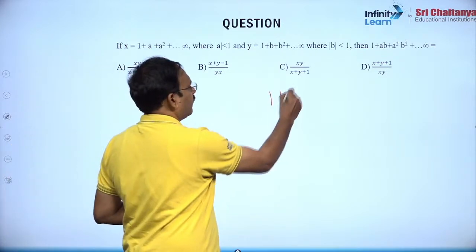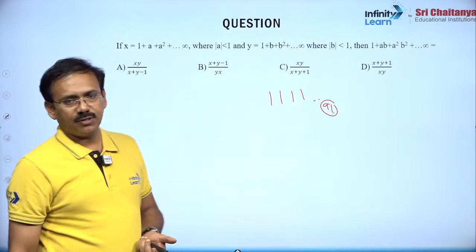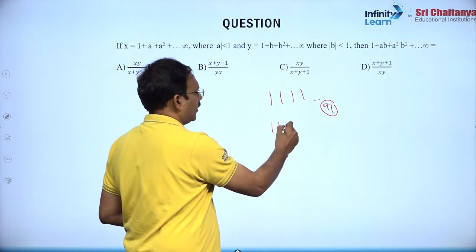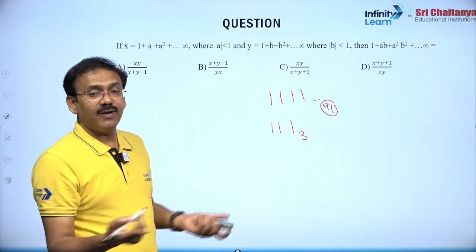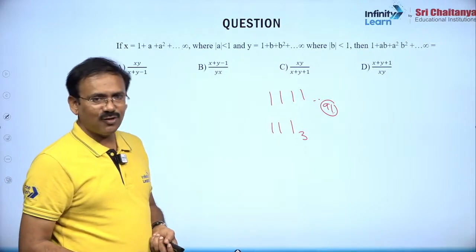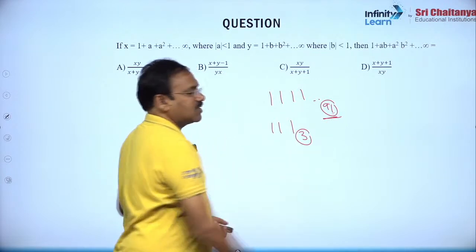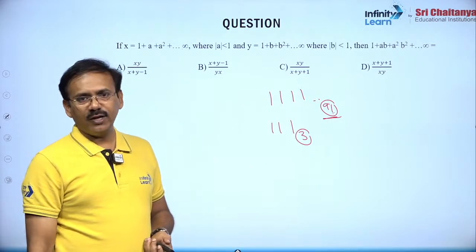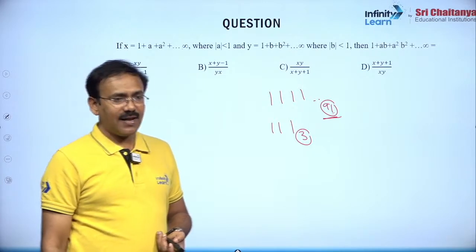Suppose 111111, if the number of ones is composite, the number is composite. Suppose 3 is prime, but 111 is divisible by 3. So, sir is correct. If this is prime, we can't say, but if this is composite, definitely it is going to be a composite number. Sir is absolutely correct, that shortcut is valid.